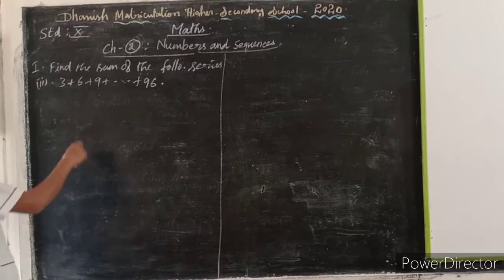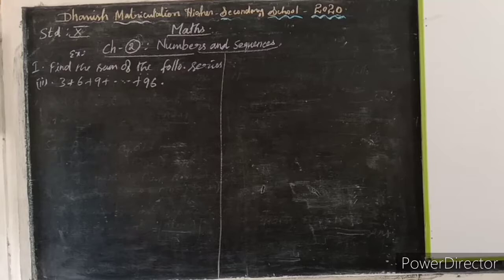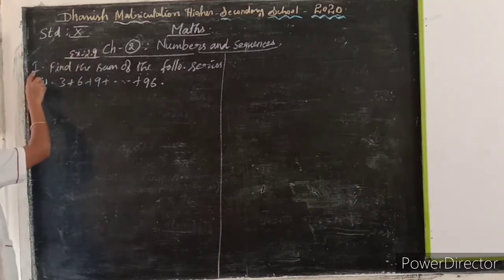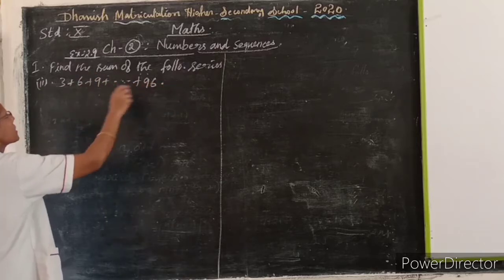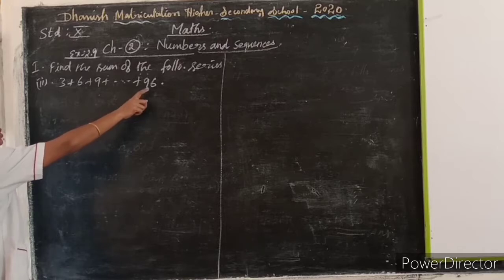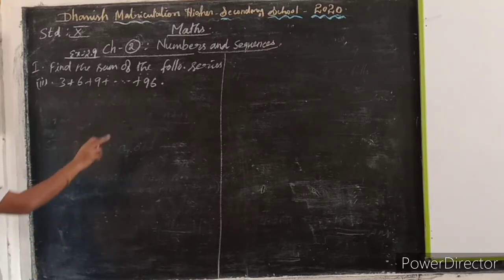Now, from exercise 2.9, question number 1, find the sum of the following series. Second subdivision: 3 plus 6 plus 9 plus etcetera up to 96. This is not the first n natural numbers.